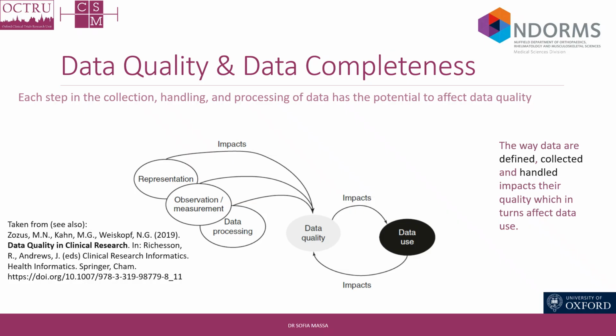So this diagram here really shows how the data is observed, processed, and represented has an effect on data quality, but the data quality, of course, impacts the data use, and the data use impacts the data quality. So we have sort of a feedback loop.